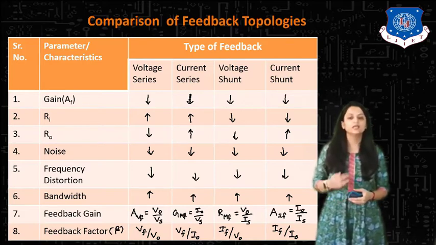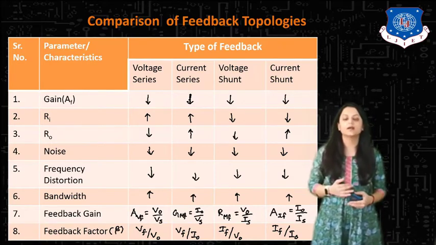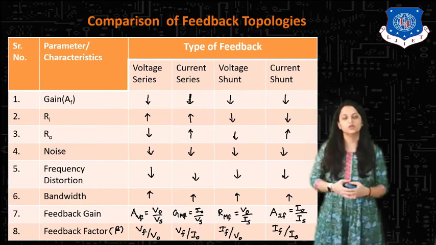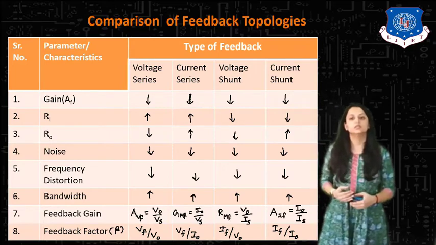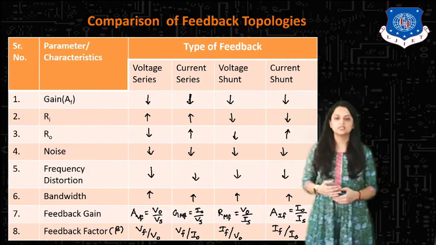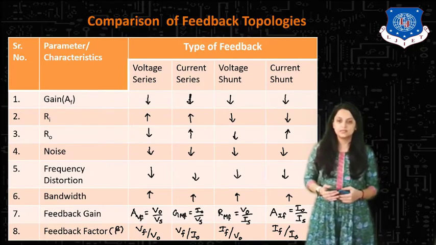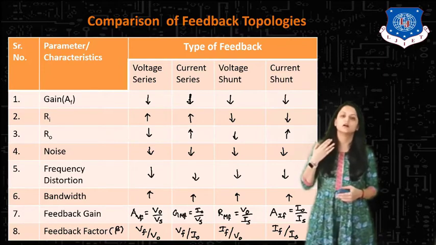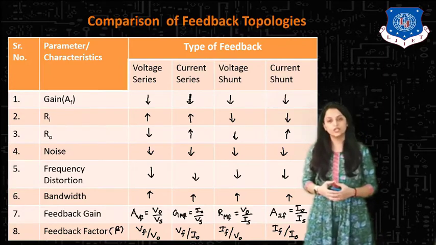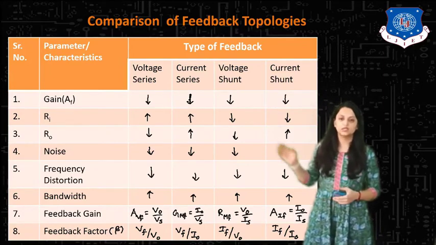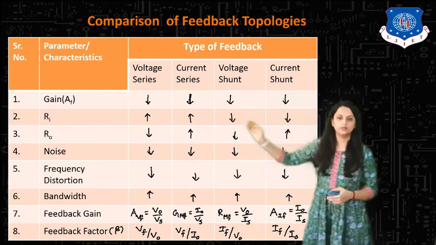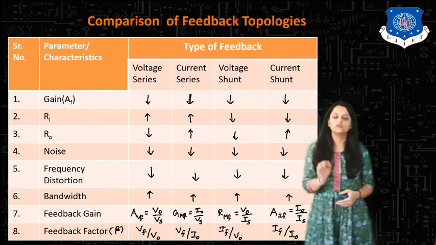If we look at the second parameter, input resistance Ri, for voltage series it is increasing or high. For current series it is increasing, high, and for voltage shunt and current shunt it decreases. That is the effect on input resistance.